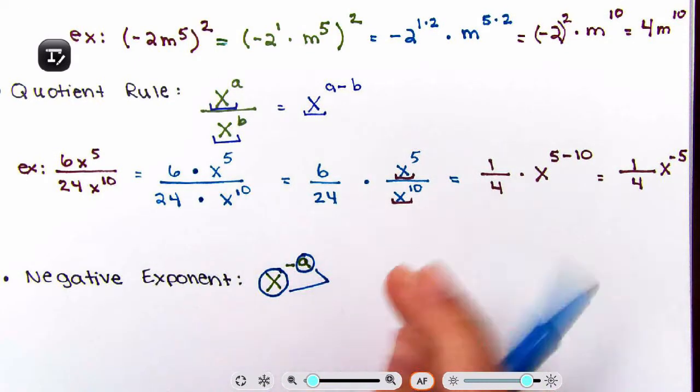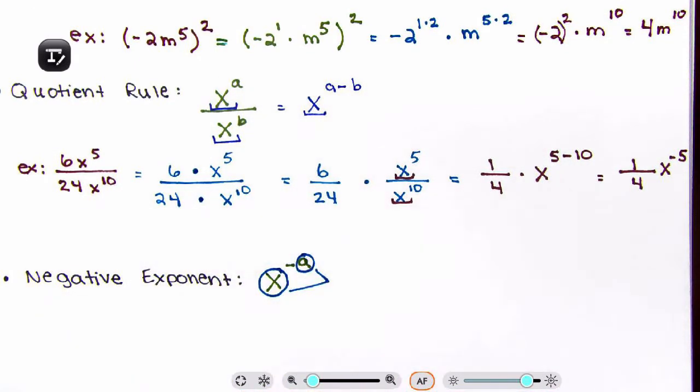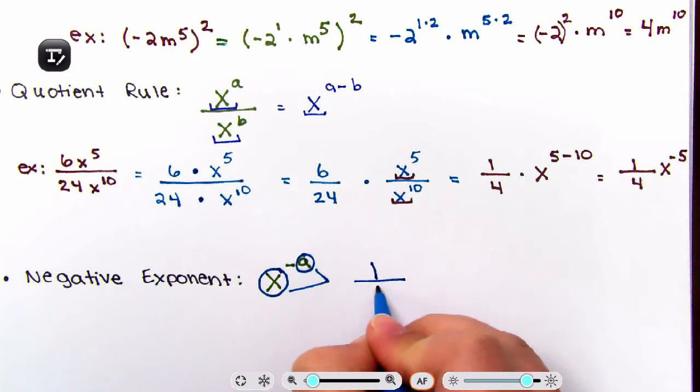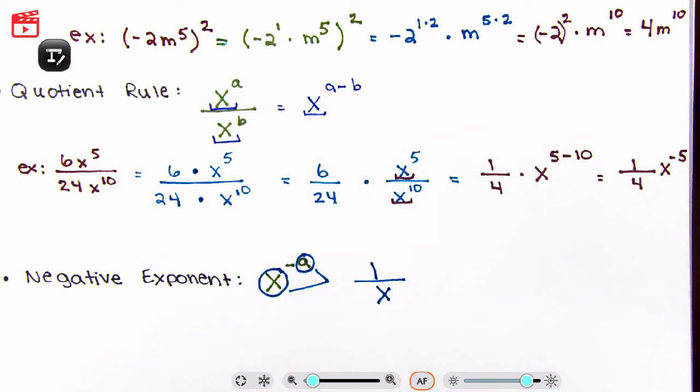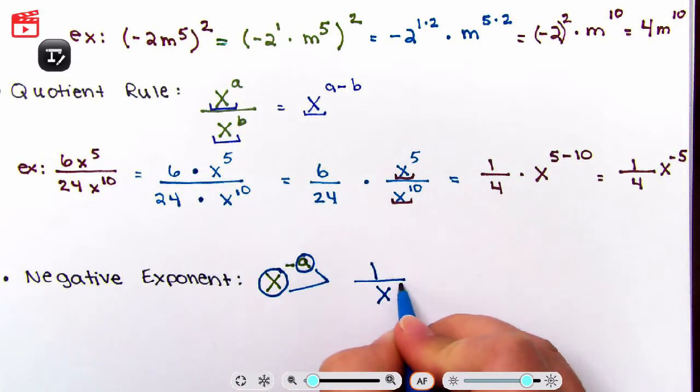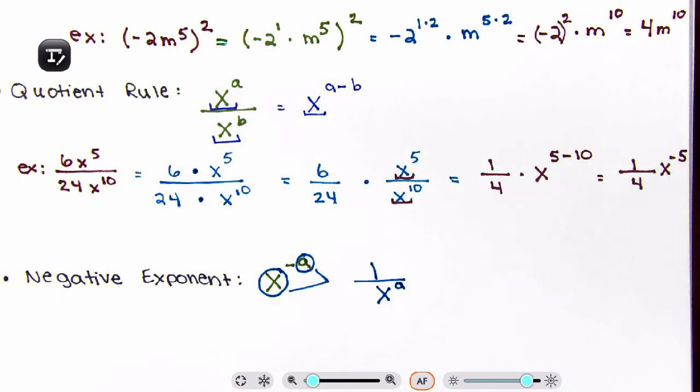So you are going to take the x and the negative, and you're basically going to take the reciprocal of the base and flip it. So in this case, I'm going to have 1 over x, take the reciprocal of the base, and our exponent goes onto the base in the denominator without the negative. The negative just tells you, hey, you belong in the denominator.